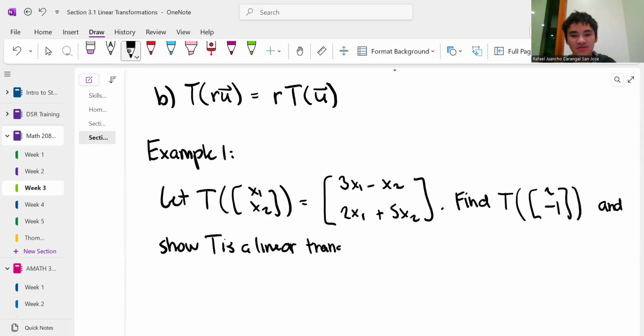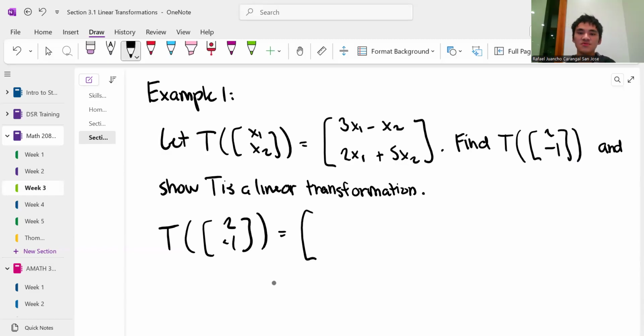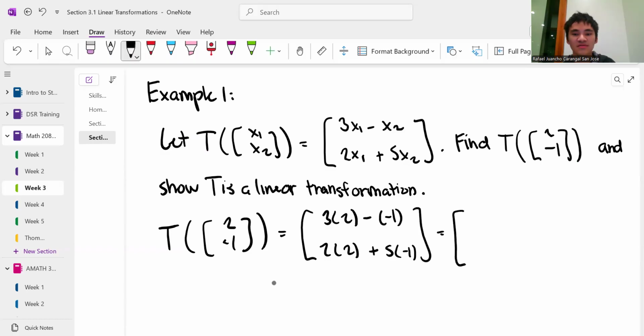So let's actually complete that first step. Let's find T of that vector. What that's going to look like is 2, -1. We're just going to replace 2 with x sub 1 and -1 with x sub 2. And this would give us a vector of 6 plus 1, 7, and 4 minus 5, -1.